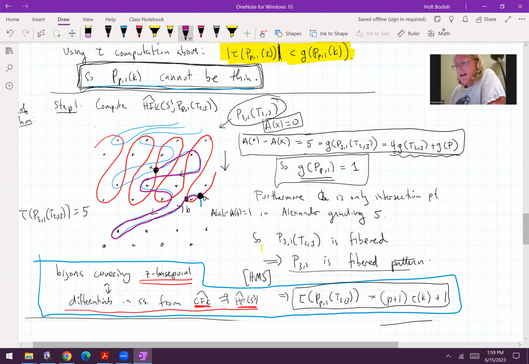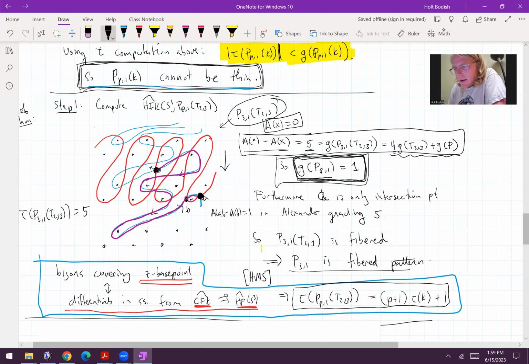And so the Alexander grading is weakly decreasing as I go down the diagram. And so the Alexander grading of A will be the largest Alexander grading. And again, by symmetry, we can see that the Alexander grading of X is 0. So we can just compute the Alexander grading difference between A and X and see, in this case, we get the number 5. And so that allows us to compute the genus of this pattern. And we get in general, we'll see that the genus of P sub P1 is 1, as claimed.